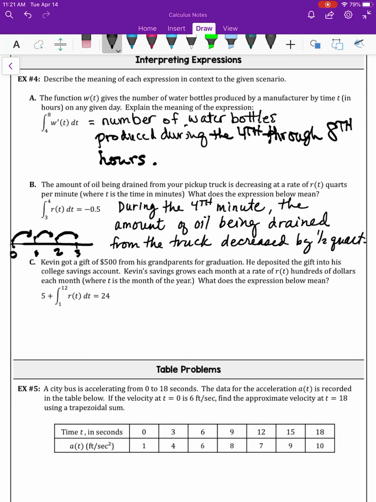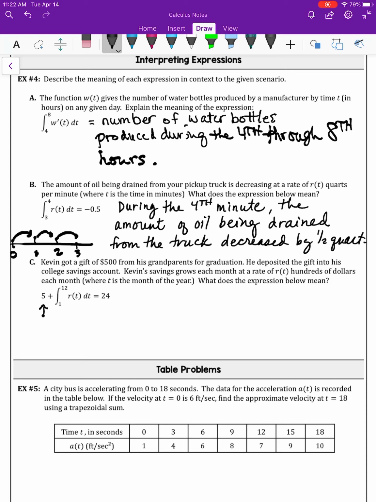All right. Kevin got a gift of $500 from his grandparents for graduation. He deposited the gift into his college savings account. Kevin's savings grows each month at a rate of R of t hundreds of dollars each month, where t is the month of the year. What does the expression below mean? So again, $500, he put it into his savings account, and it starts to grow.